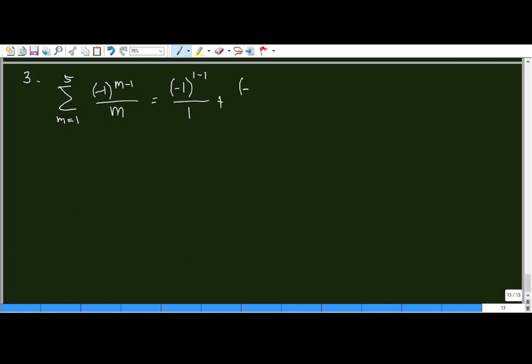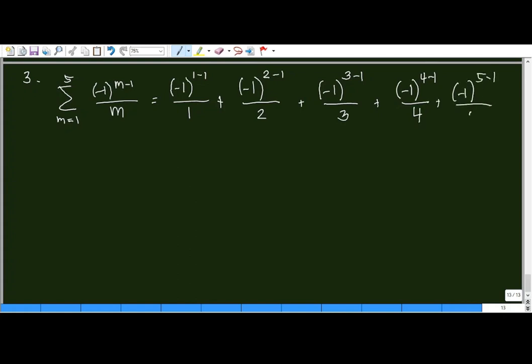Plus negative 1 raised to 2 minus 1 over 2, plus negative 1 raised to 3 minus 1 over 3, plus negative 1 raised to 4 minus 1 over 4, plus negative 1 raised to 5 minus 1 over 5. I'll stop here kasi yung upper limit ko, 5.